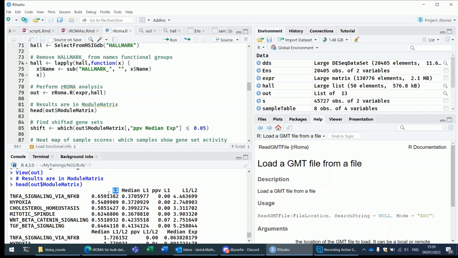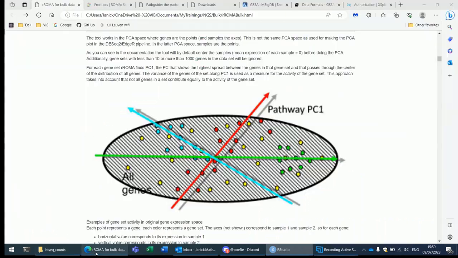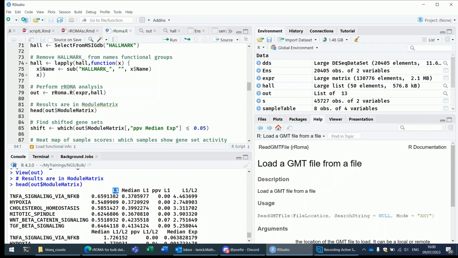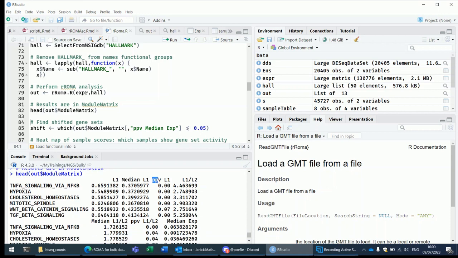L1 is the amount of variance or spread or dispersion that is measured along the first principal component. So the spread along the first principal component. So the thing that he uses to find over-dispersed gene sets. The higher L1, the more over-dispersed the gene set is.